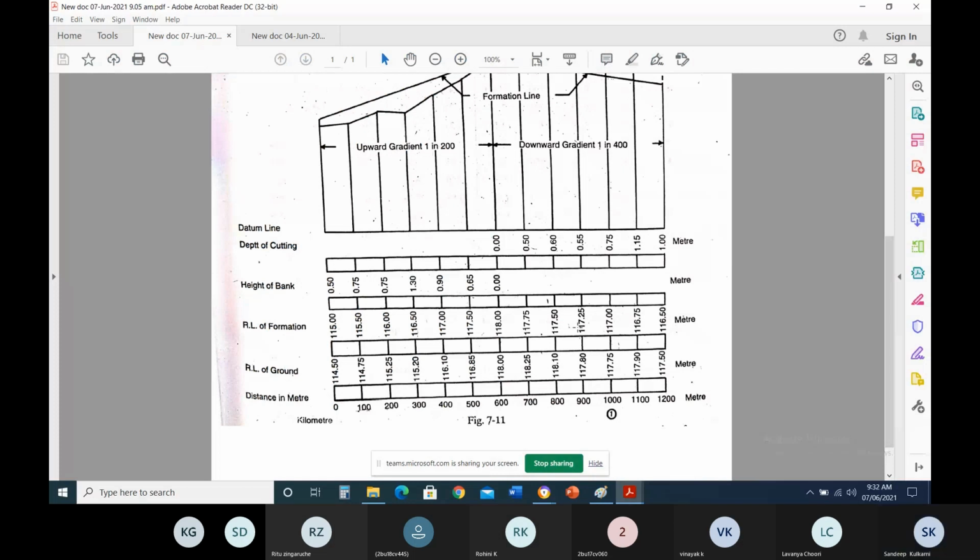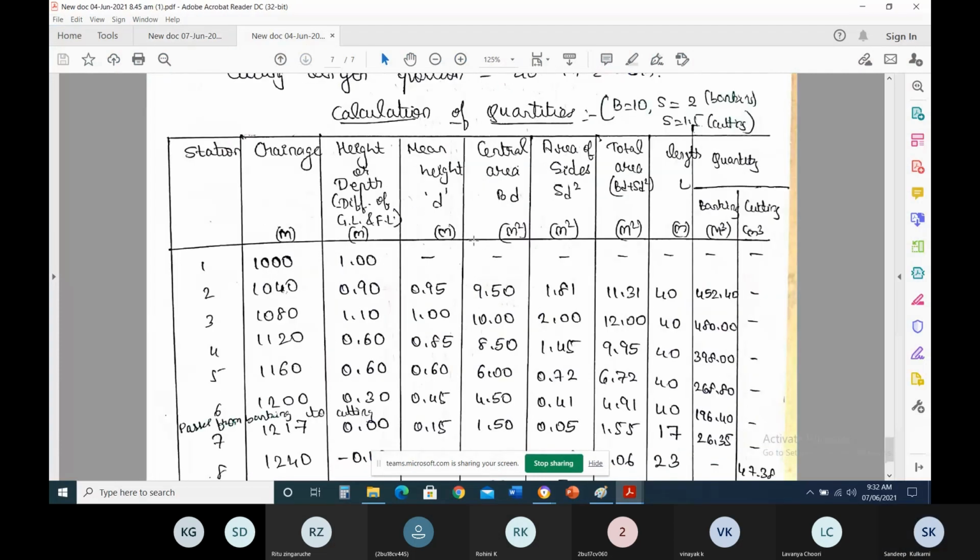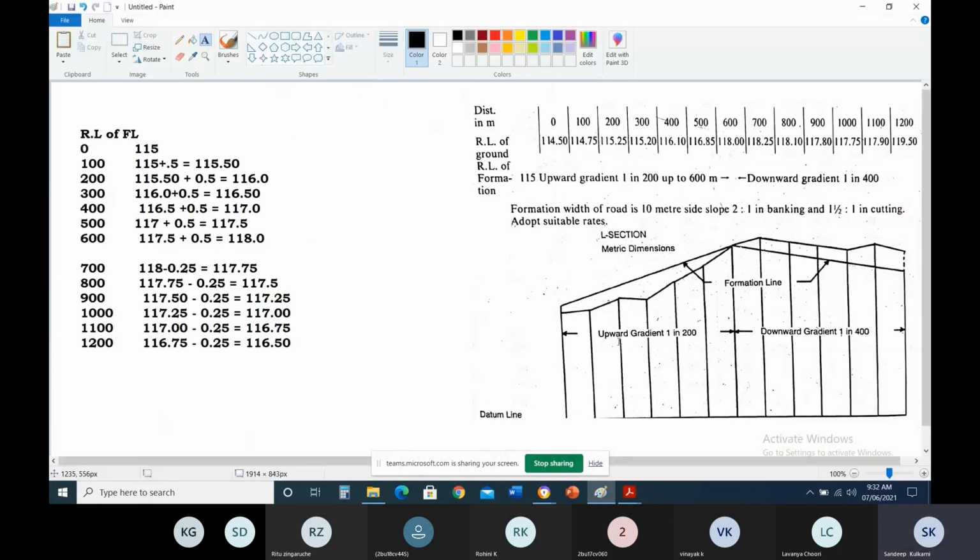Okay, now without wasting much time, I'll directly go with the calculations. For that, as I told you, a table is required here. Just a minute, I'll copy that table so that it will be easy for me to show the other calculations.